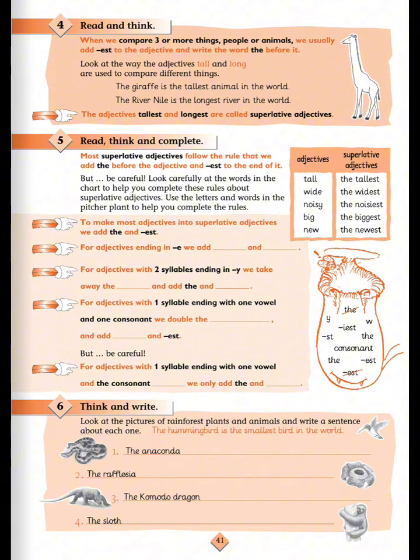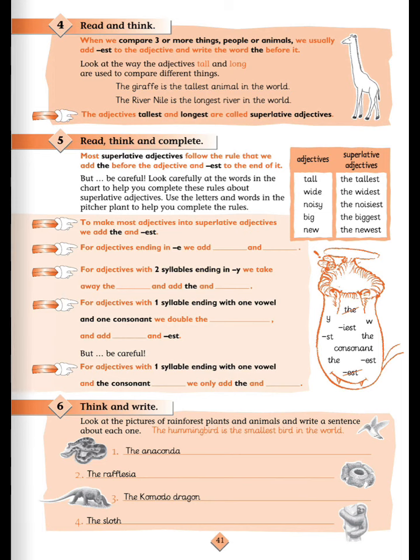Exercise number 5. Read, think, and complete. Most superlative adjectives follow the rule that we add the before the adjective and est to the end of it. But be careful. Look carefully at the words in the chart to help you complete these rules about superlative adjectives.